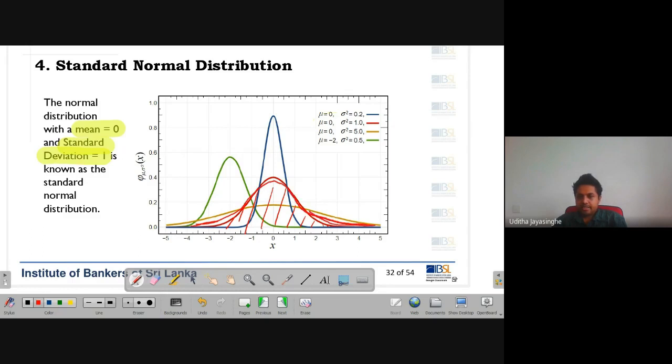This is the only acceptable shape for a standard normal distribution. For that to happen, we need to have this assumption: mean is 0 and standard deviation is 1.